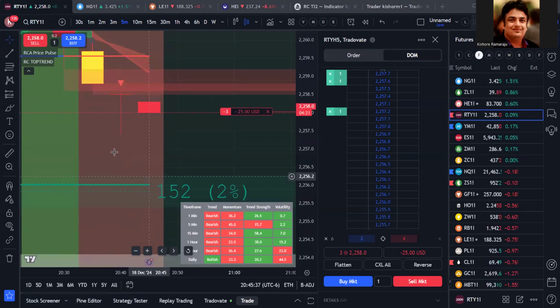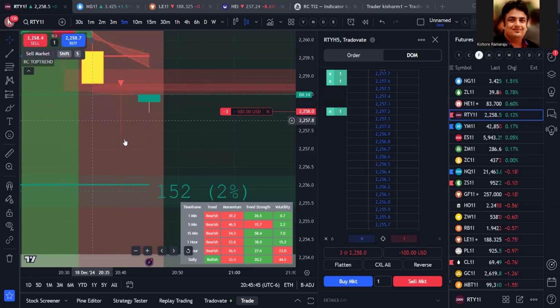Just like you buy the stocks, you can either take long position or short position. If it is red, you can do short positions.